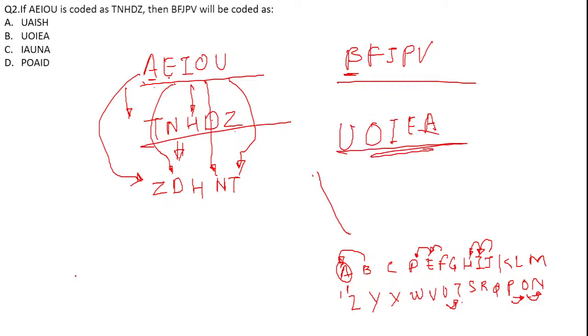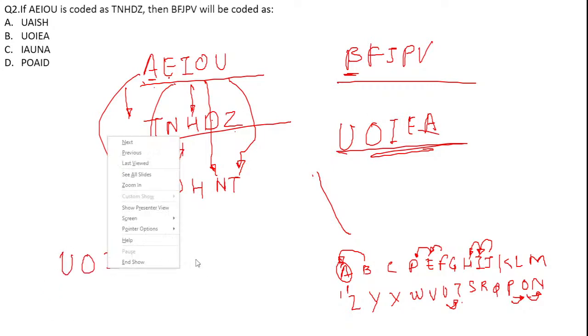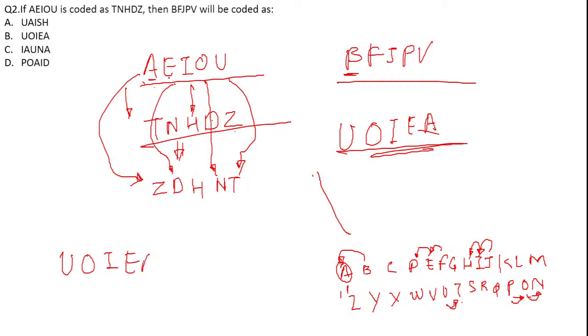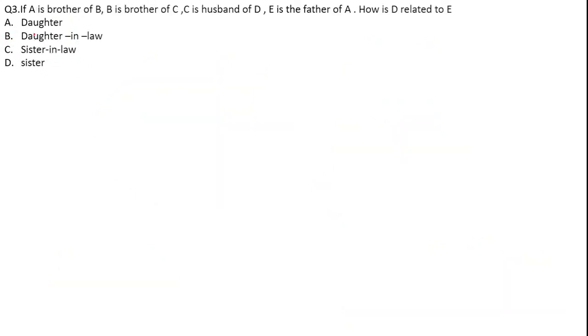So we got the series U, O, I, E and A. So we need to search this series in our options. So A is wrong, B is correct and others are wrong. So this is our answer, B option. Let's see next question now.